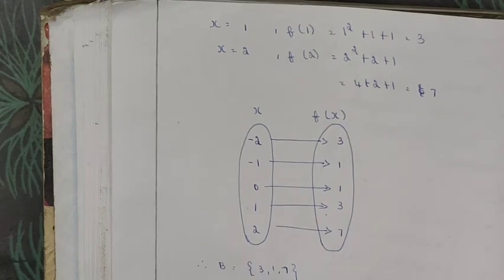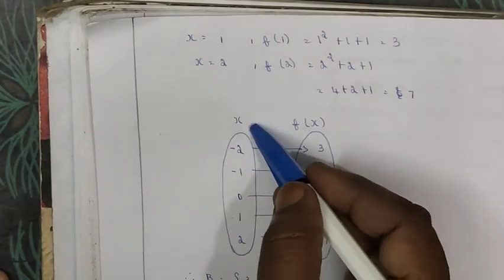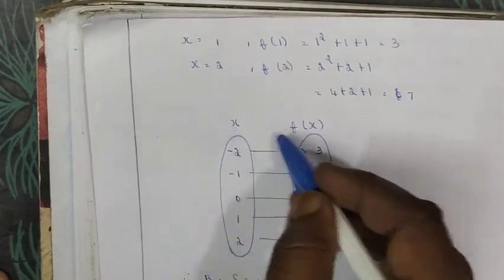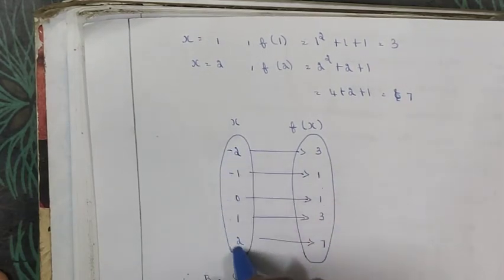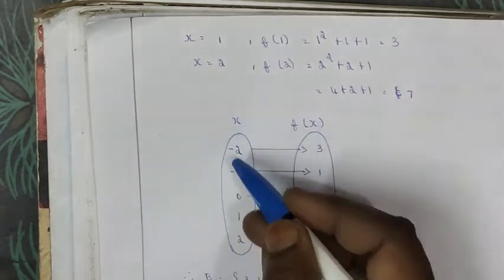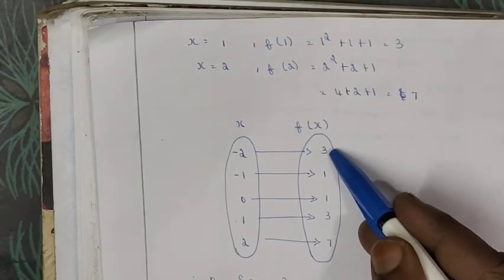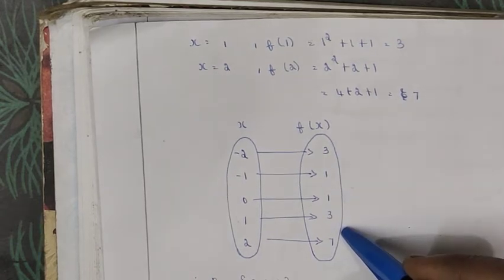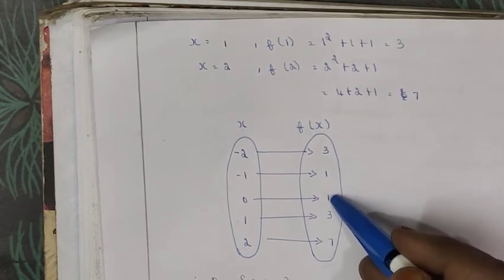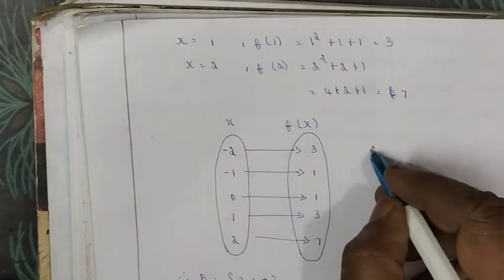We have to find whether it is onto function. It is given that it is onto function. Okay. Now first set is x and second set is f of x. List out all the elements of x, that is x belongs to A, and write all the elements of f of x here: 3, 1, 7. Now here no repetition should be there.